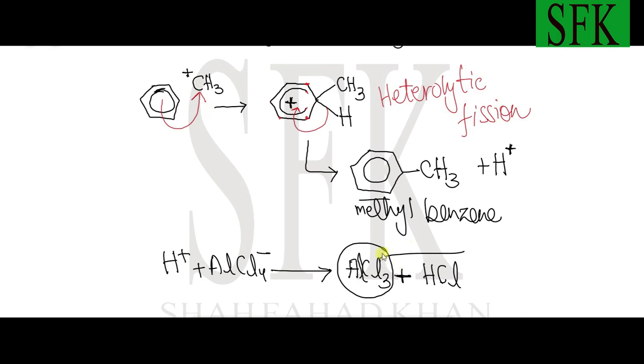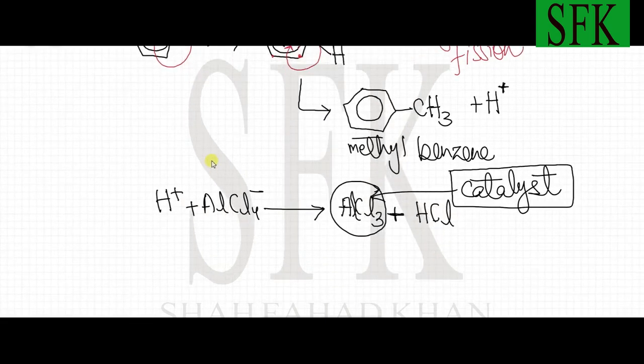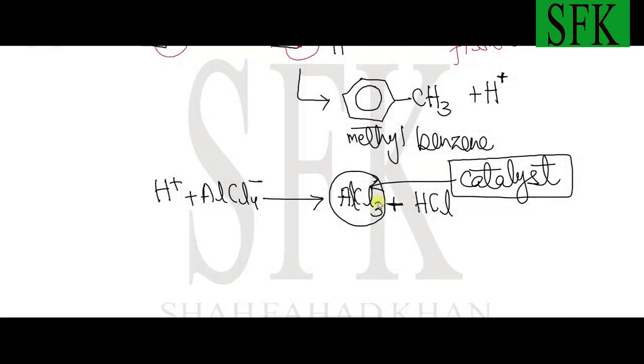It's basically a catalyst. So it's proved again that AlCl3 acts as a catalyst in this reaction. A catalyst does take part in a chemical reaction but is chemically unchanged at the end of the reaction. It may change physically, but chemically the catalyst remains unchanged.